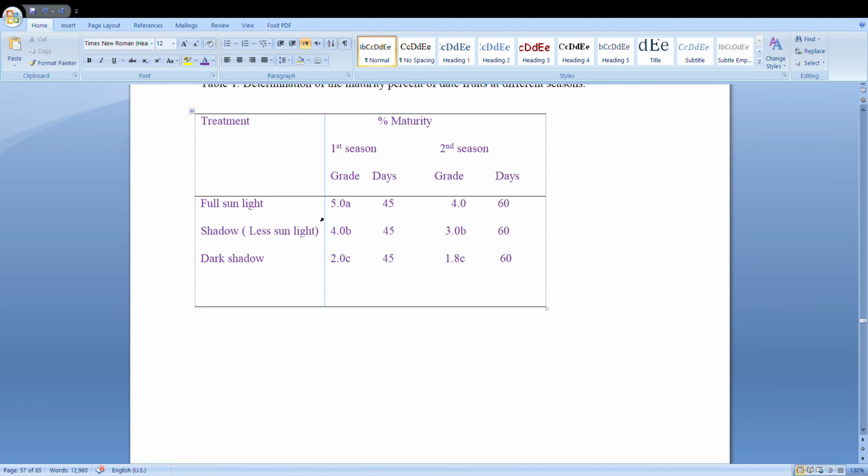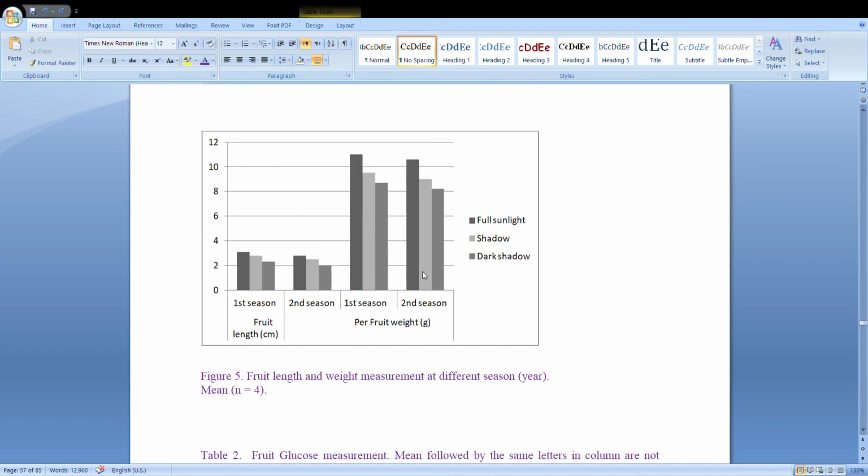We already mentioned here the different days, at 60 days, with different maturity grades 5, 4, 2. For the same days we have 4, 3, 1. First season, second season. Here also first and second season.